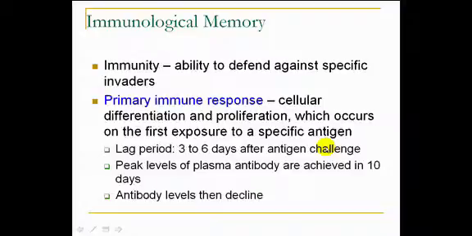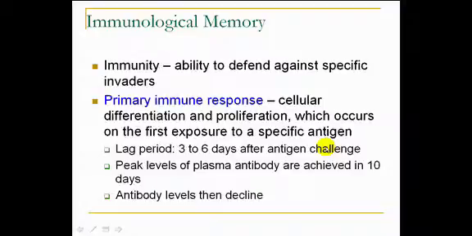And you usually get sick the first time because the cells take a while to differentiate and to divide. We say there's a lag period of about 3 to 6 days after your cells are challenged by the antigen until you start to initiate a pretty big response. And then your plasma antibodies don't peak in the blood until about 10 days. So it takes almost 2 weeks to get the whole thing going.